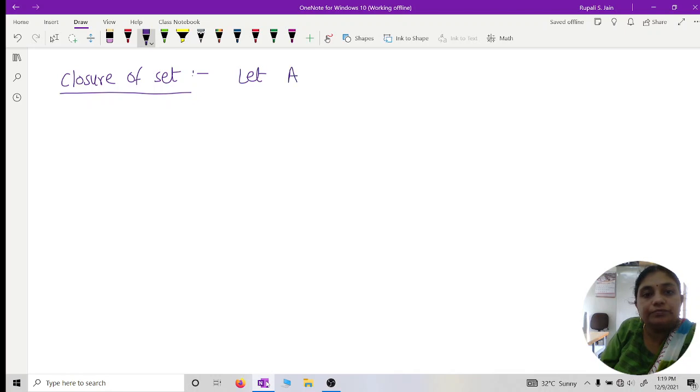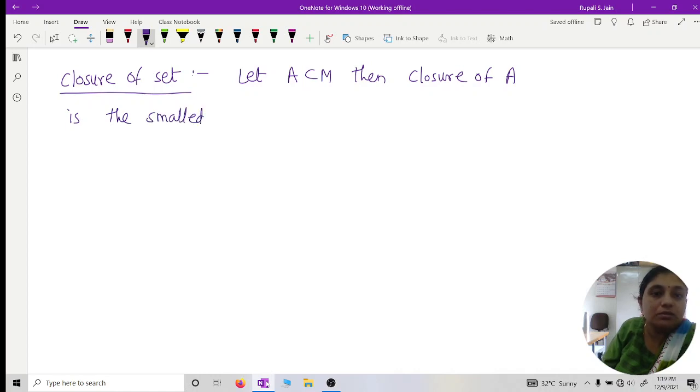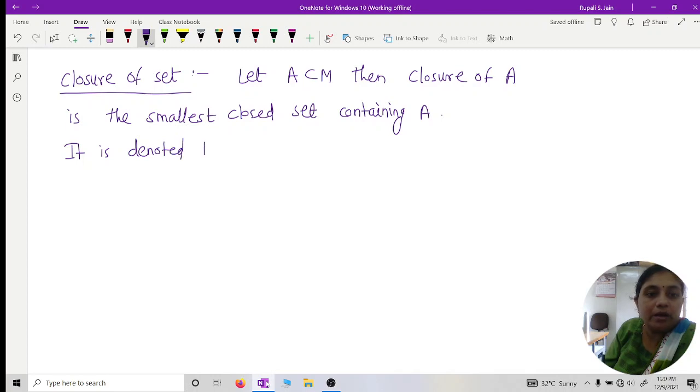Let A be a subset of M. Then closure of A is the smallest closed set containing A. Not only the set, smallest closed set containing A. It is denoted by A closure, or closure of A, CL of A, or this notation A closure. Is that okay?